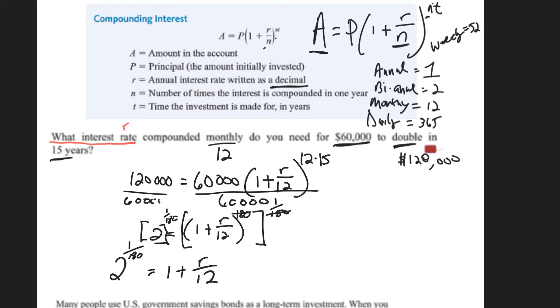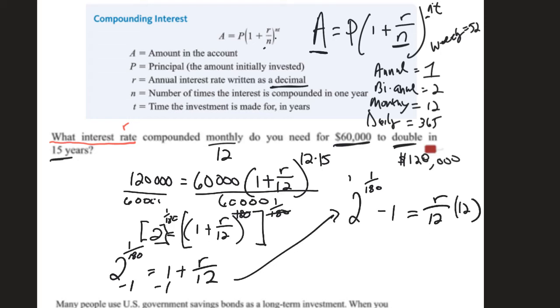I'm just going through all of the things that I would need to do to solve for a variable. So I'm going to subtract 1 from both sides. I'm going to rewrite this up here. 2 raised to the power of 1 over 180 minus 1 equals r over 12. And if I want to get rid of 12, I have to multiply both sides by 12.